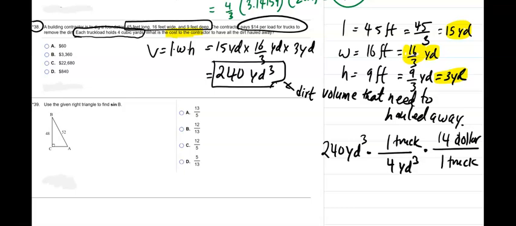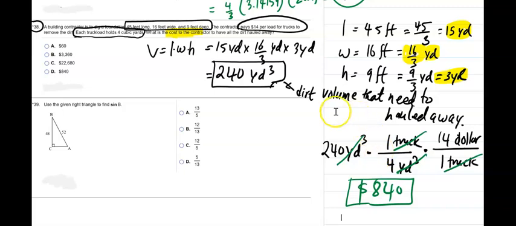The cubic yards cancel, the trucks cancel, and what you're left with is dollars as the answer. If you multiply 240 times 14 and divide by 4, you get $840. That's the total cost to haul away 240 cubic yards of dirt.